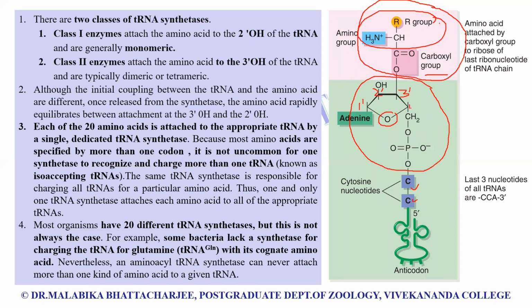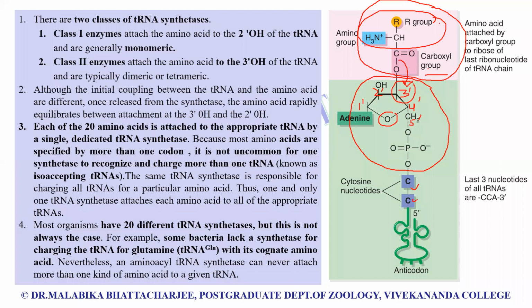This is the 4' position, and the carbon here is the 5' position. So this is a 5-carbon sugar, right? In this particular case, the amino acid has been attached to the 3' OH of the tRNA. So this attachment has taken place at the 3' OH of the tRNA.